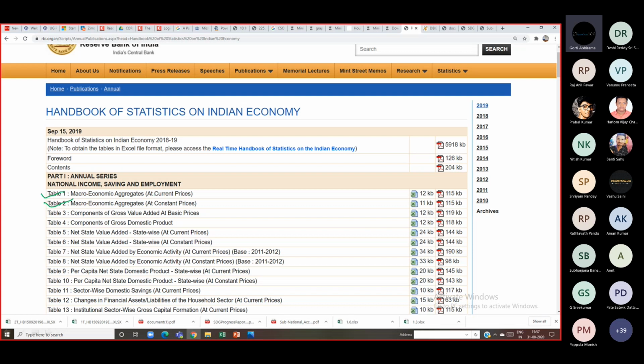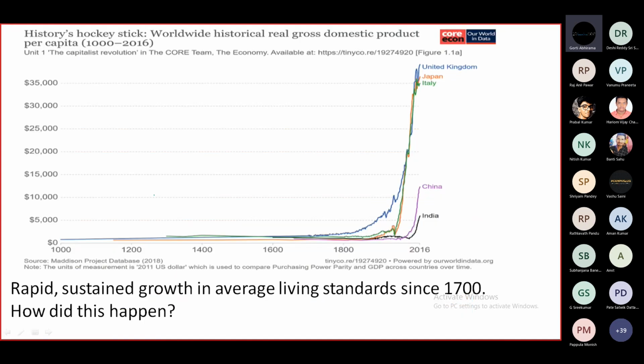If we look at different countries of the world for a very long time period in terms of their real gross domestic product per capita, and we plot them, we see a trend like this.